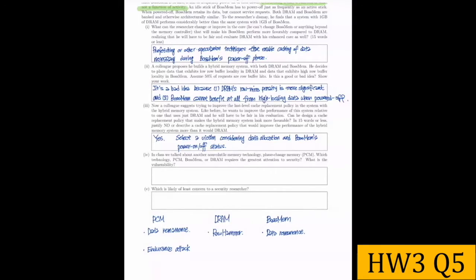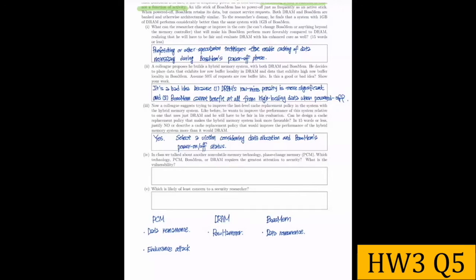But it is quite difficult to clearly say, for example, when you compare PCM and DRAM, that one is more vulnerable than the other, as they have different security vulnerabilities, and people can think differently about what is the most serious security vulnerability, right?